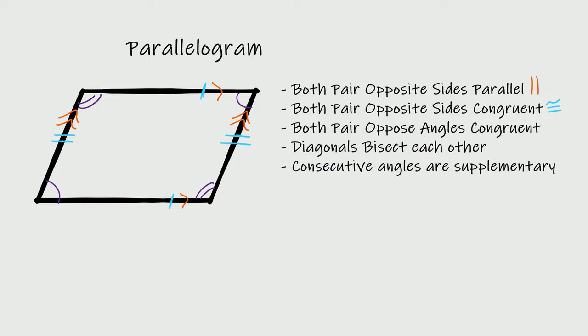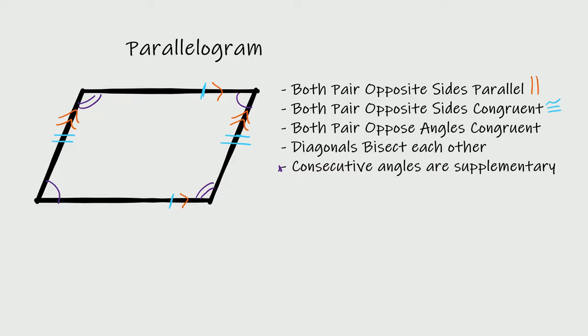The other thing that we get, I'm going to jump to this last one. It's stating that the consecutive angles are supplementary. If we think way back to when we talked about angle pairs, consecutive angles just means between the same lines, on the same side of the transversal, on the inside of the two lines.